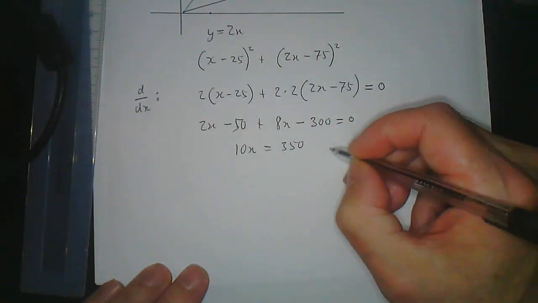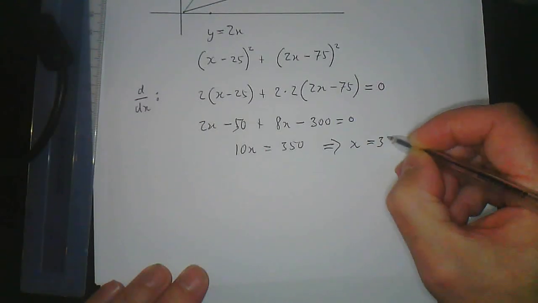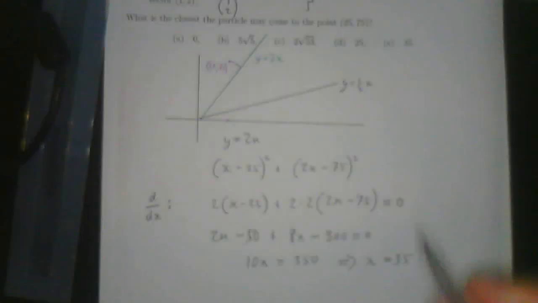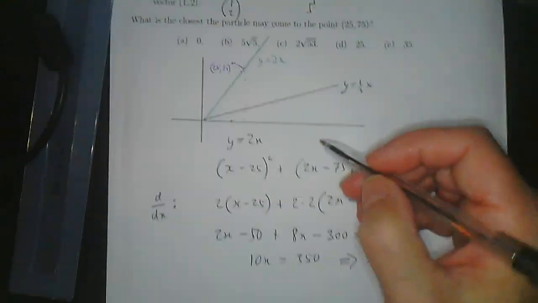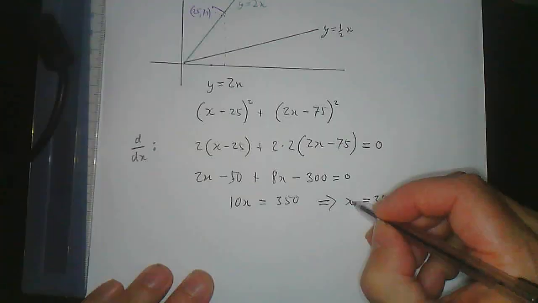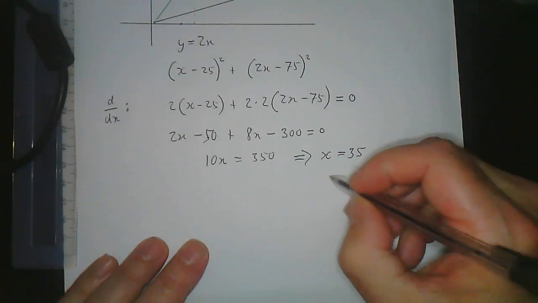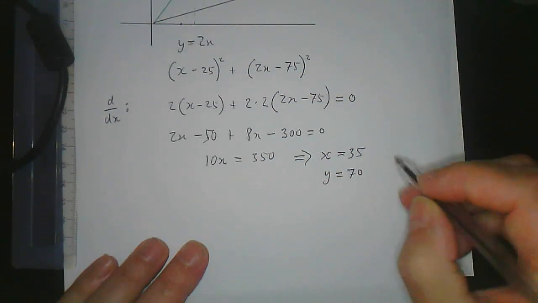Dividing by 10 gives us a value of x equals 35. So our coordinate for the x on the line is 35. So clearly, because it's on the line, the y coordinate that we want is twice that, 70.